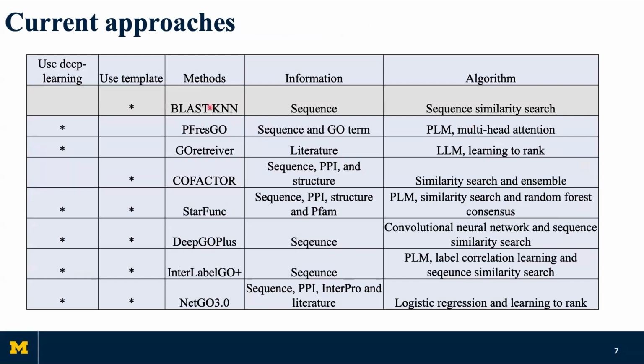Here I show some well-known methods. This column indicates whether you use a template search, which we just showed before, and this column shows whether you use a deep learning component. And with that note, most current methods, or at least the state of the art ones, would use composite methods, which means you combine predictions from multiple sources, which generally gets better results.